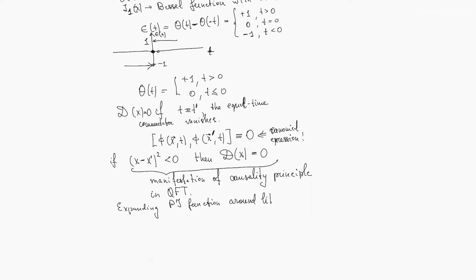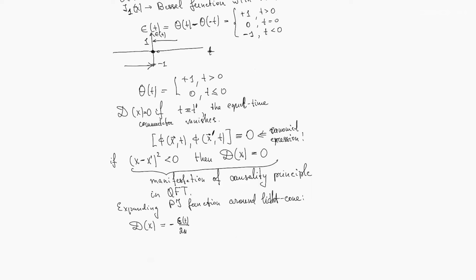So D of x will behave around the light cone as minus epsilon of t divided by 2 pi, and here we will have the delta function of x squared that we cannot do anything with.